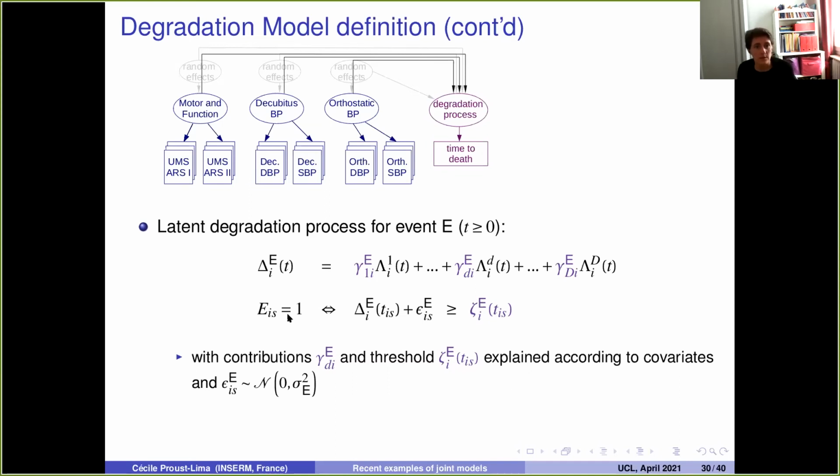So the person has the event, has already the event. So that's the way we can define a shared random effect model as an alternative to the proportional hazard model that we are used to in joint models.